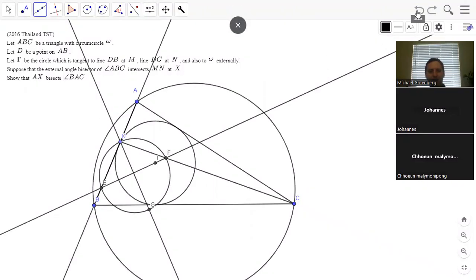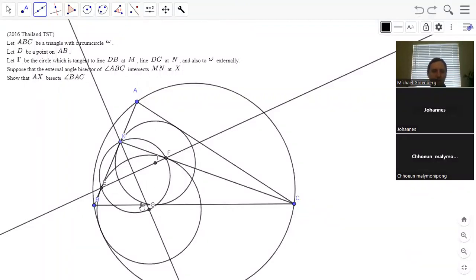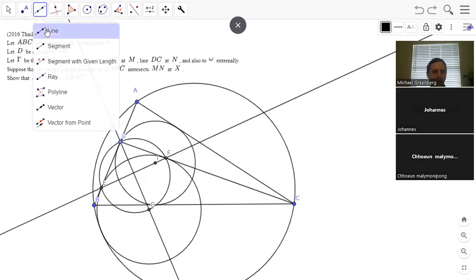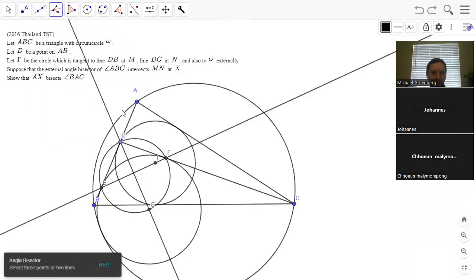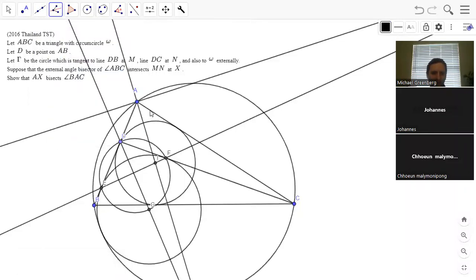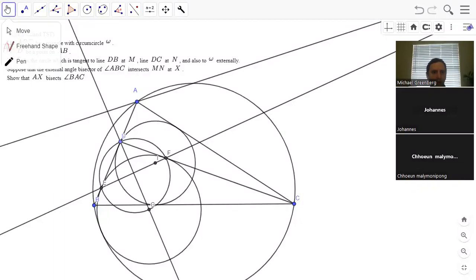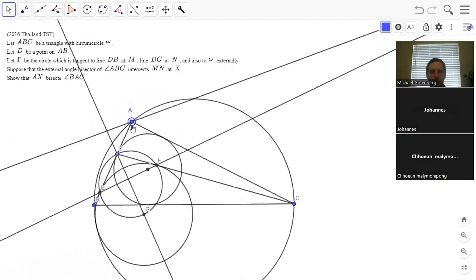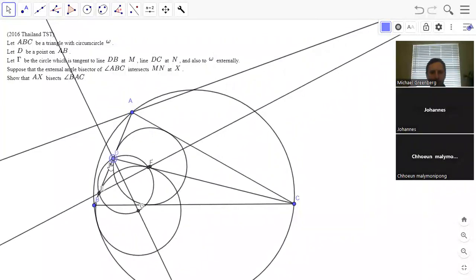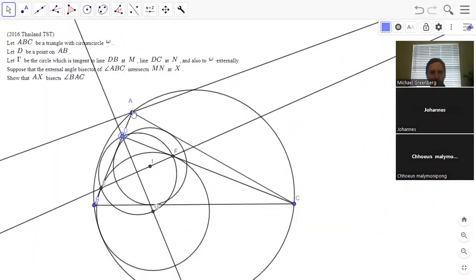Let's first see if we assume this. I'm just curious. So the external angle bisector of ABC. So we could do it like this. Intersects MN. So how do we get this point closer?